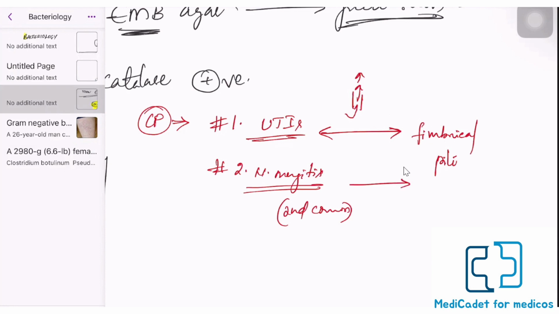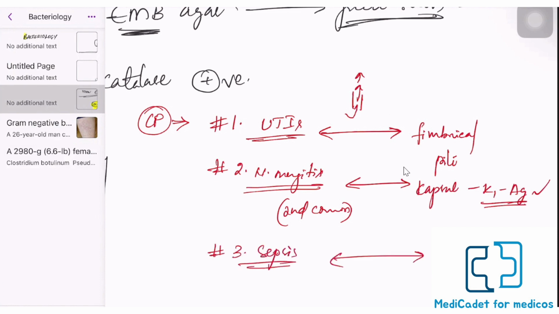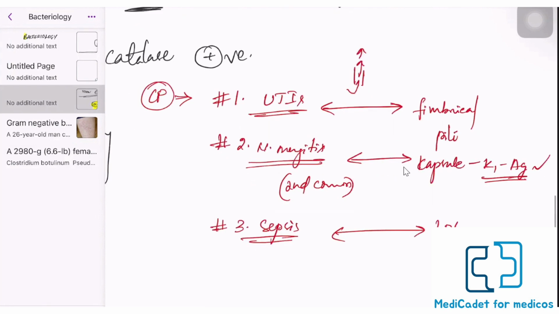Here the bacterial capsule acts as a virulence factor, with the K1 serotype antigen. It can also cause E. coli sepsis, which is very common. As we have already discussed, for sepsis by gram-negative bacteria, what is the virulence factor? Lipooligosaccharide, very good. That would be your major virulence factor in sepsis.